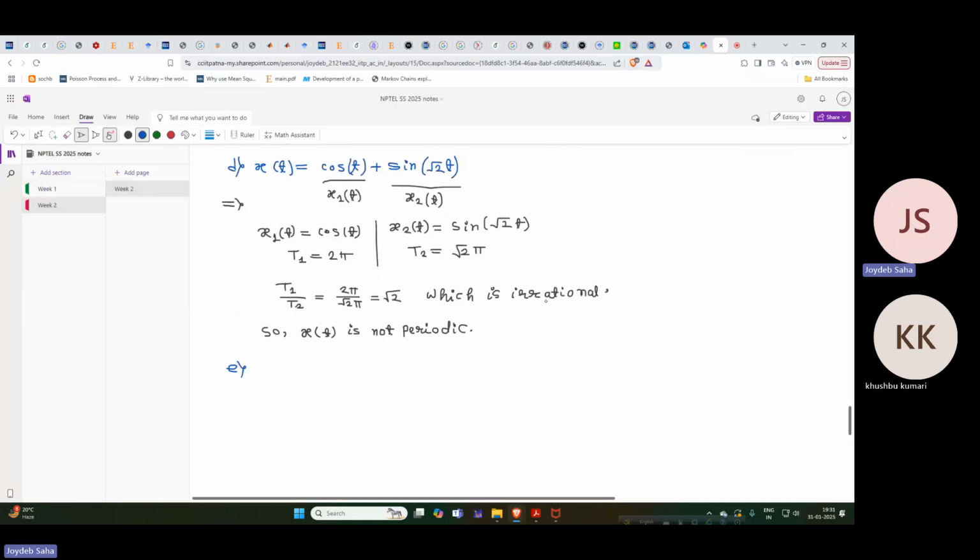Next question. It is also a very interesting question. x(t) is equal to sine square t.